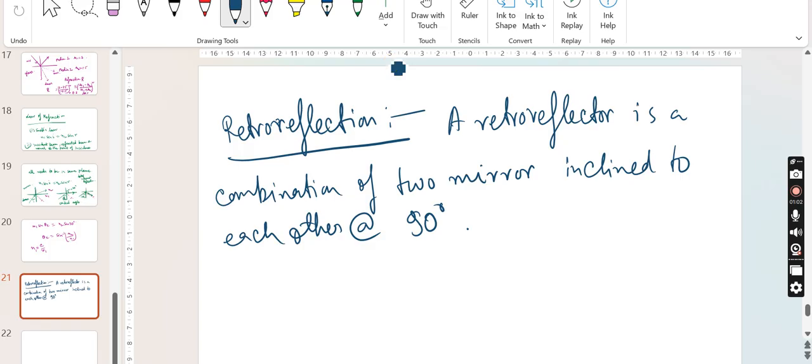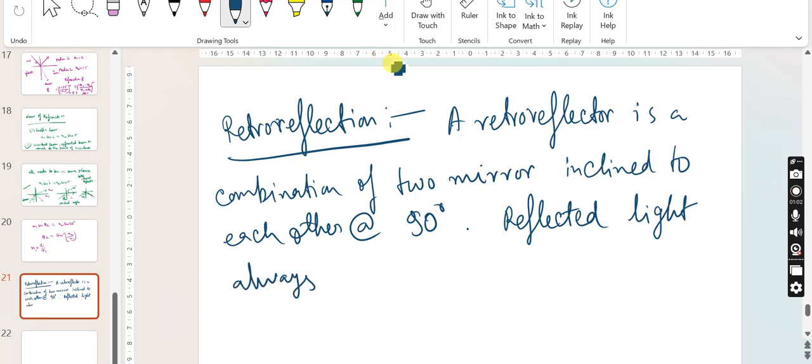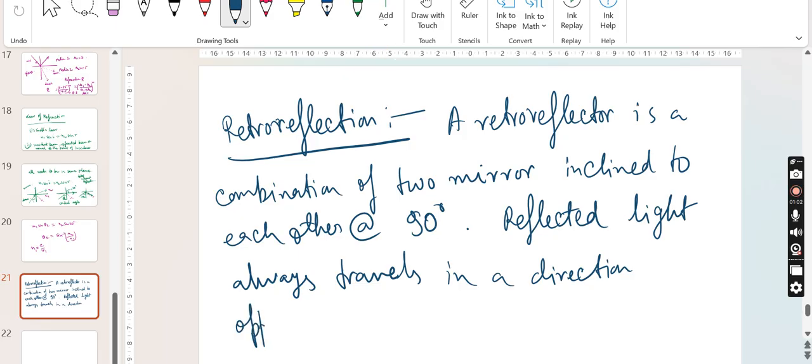What happens is that the reflected light always travels in a direction opposite to the incident light.